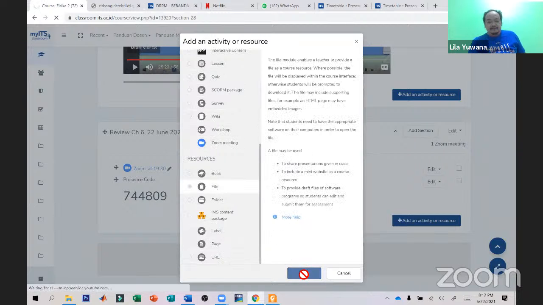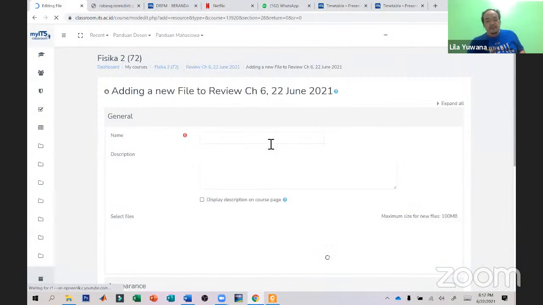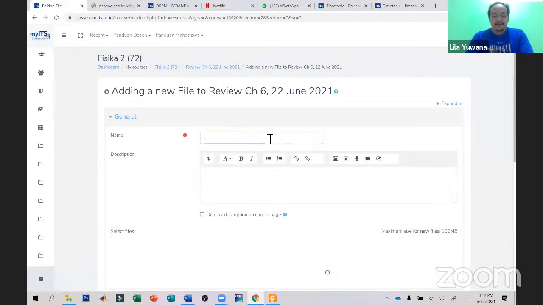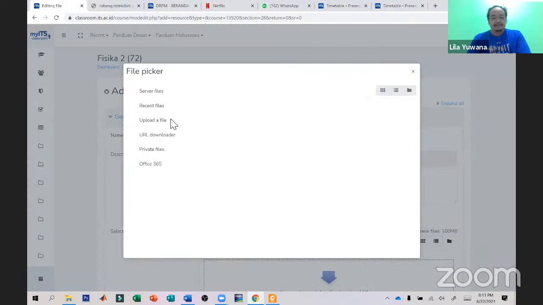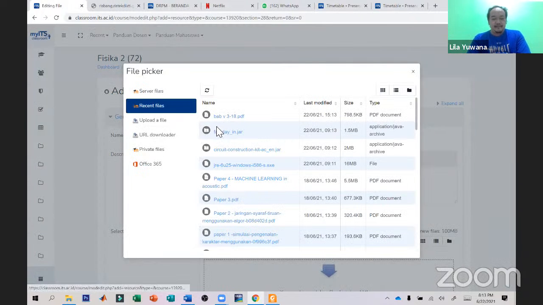Number one is the compiler of Java programming, the Java compiler.